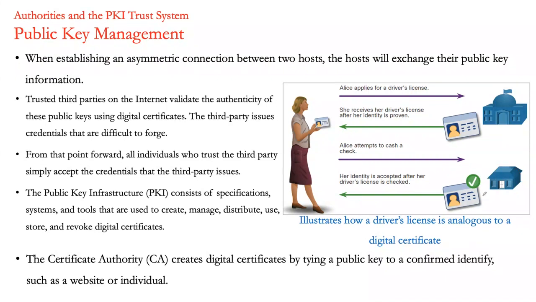In the same way, to establish any asymmetric connection, meaning a digital signature with two different keys between two hosts, the hosts will exchange their public key information. So how do they exchange their public key information with trusted parties? The trusted third parties on the internet can validate the authenticity of the public keys of Alice or Bob or Tom or anyone using digital certificates.